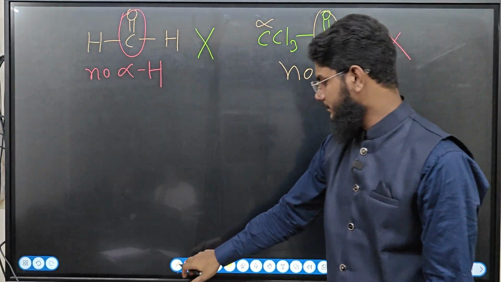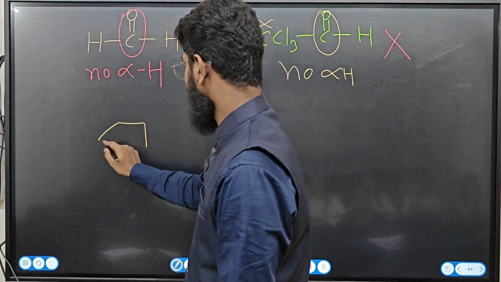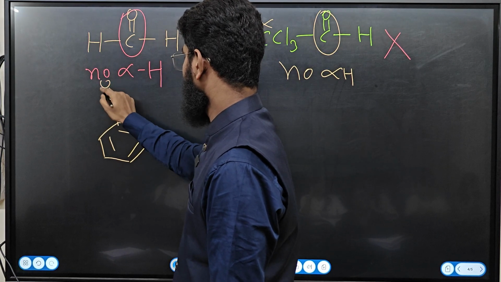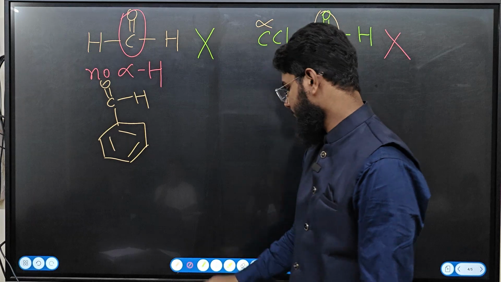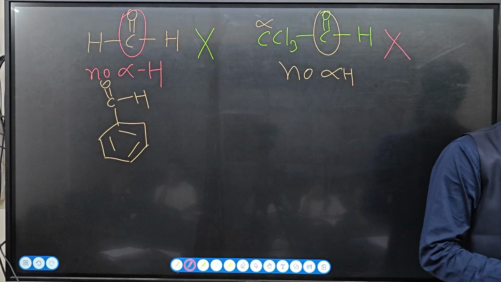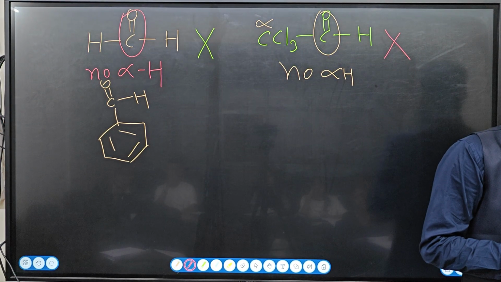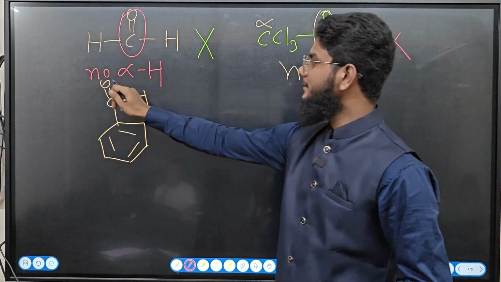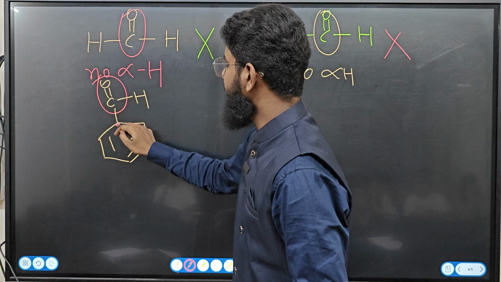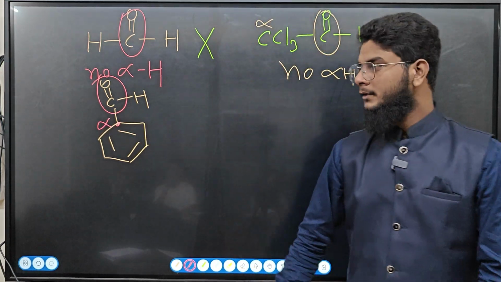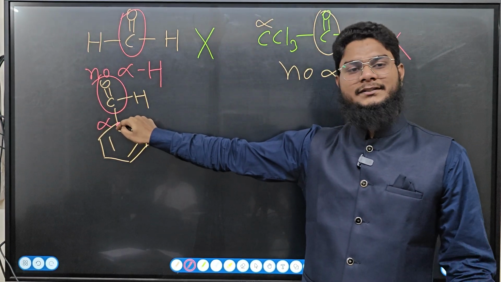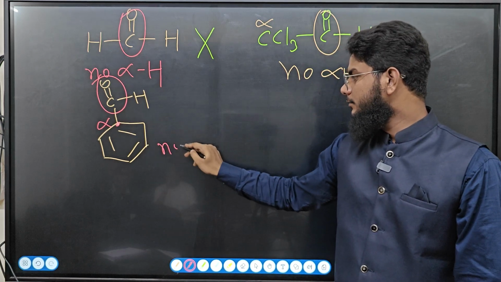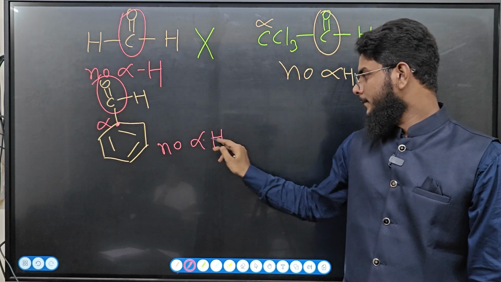What about this? This is your benzaldehyde. Can benzaldehyde undergo aldol condensation? No, because this is your carbonyl compound and this is your alpha carbon, and all four bonds of this carbon are already there, so there is no alpha hydrogen. Here also no alpha hydrogen.